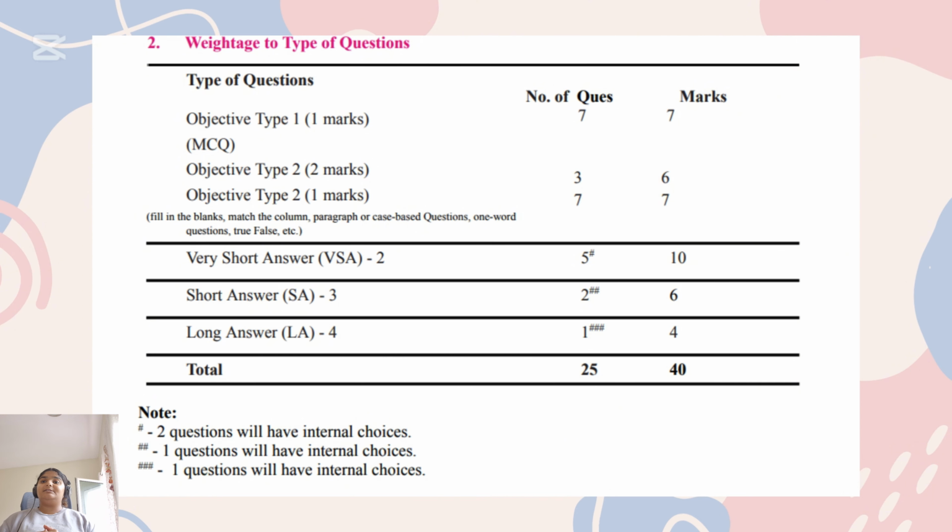Okay, now the next category is short answer questions. These questions will be for 3 marks each, and there will be 2 questions. So if you get both of them correct, you will get 6 marks in total. And in here you can explain a little bit about the concept, but do not make it very long.